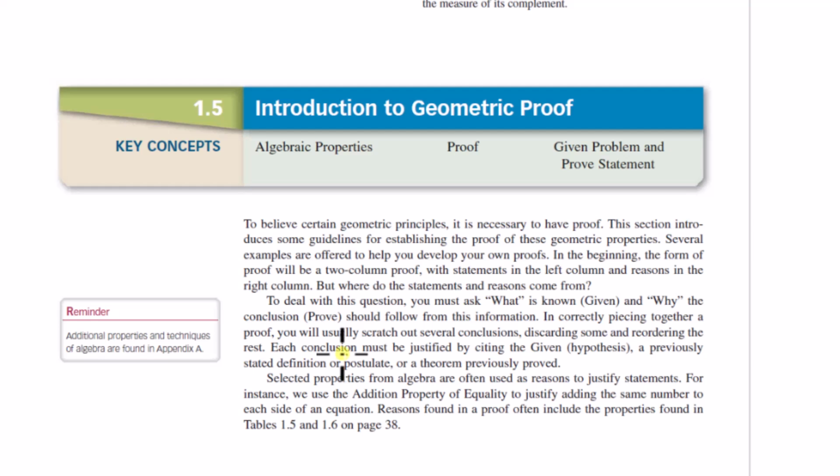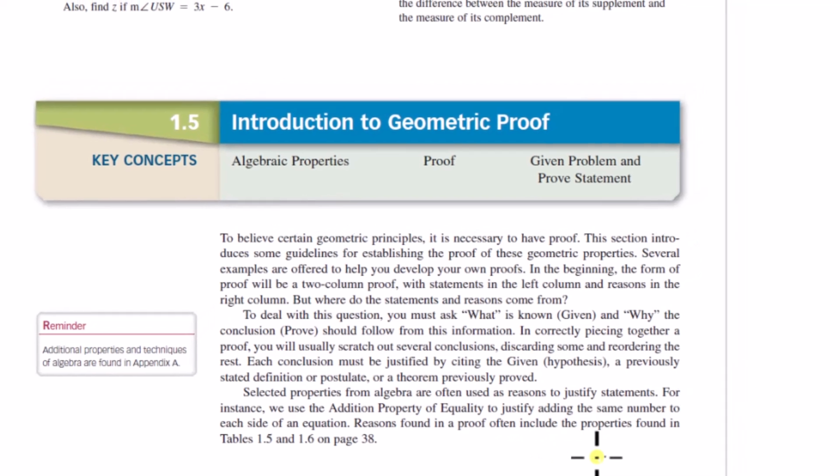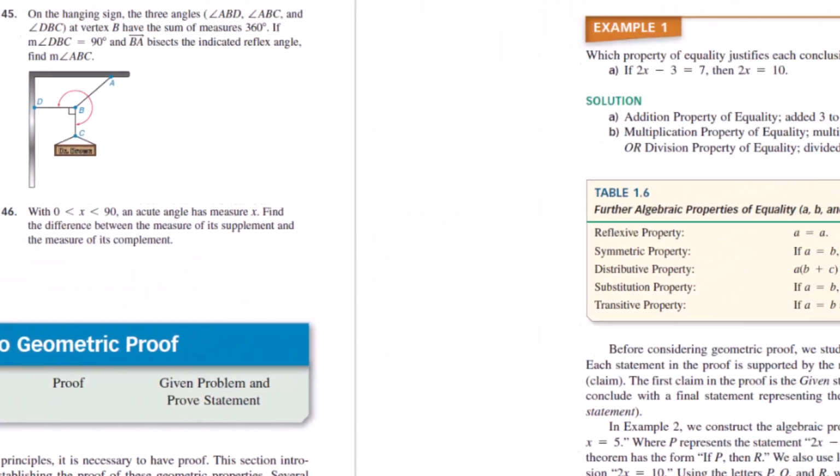In correctly piecing together a proof, you will usually scratch out several conclusions, discarding some and reordering the rest. Each conclusion must be justified by citing the given, which is the hypothesis, a previously stated definition or postulate, or a theorem previously proved. Okay, so let's keep going, and we'll get a better sense of this as we go.